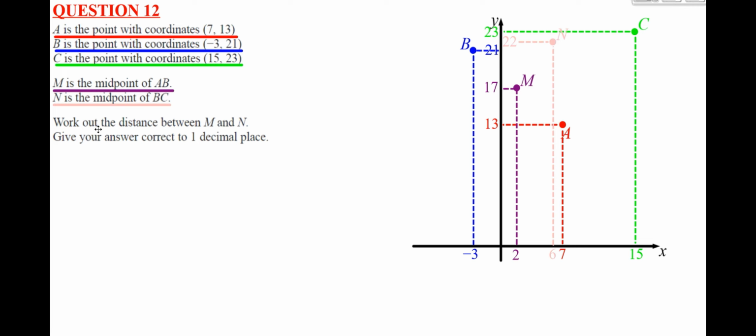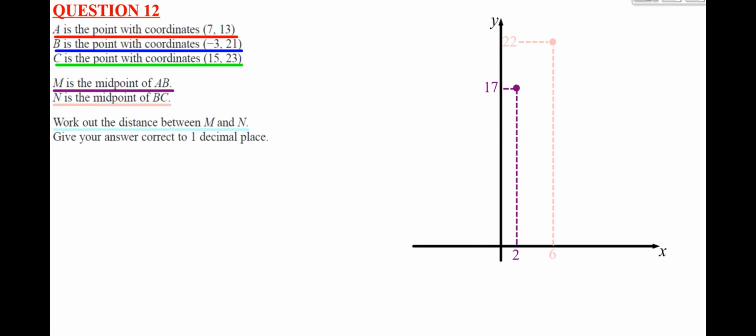The question finally is just asking us for the distance in between M and N. So this diagram's now looking a bit messy. I've got 5 different points on. I'm just going to focus in on what we're interested in, which is just M and N. So if I make A, B, and C disappear for a second, like so, what I'm going to have here is just M and N. M in purple, N in pink.